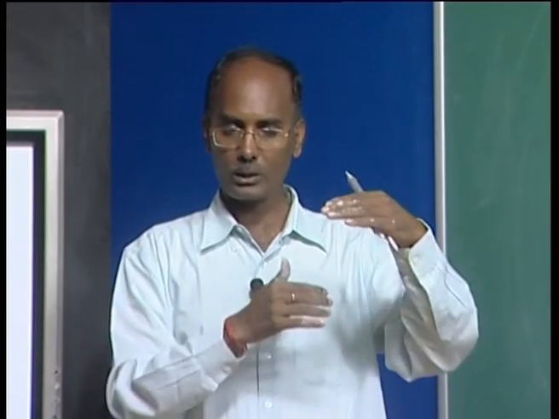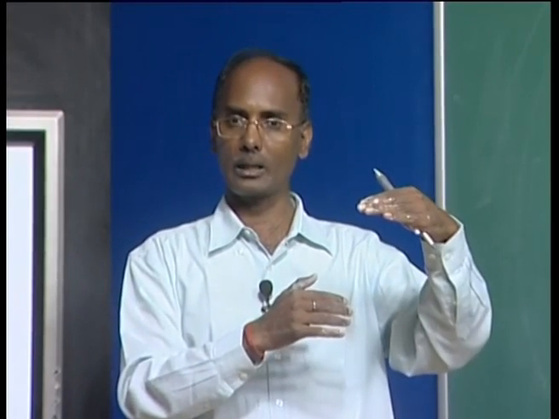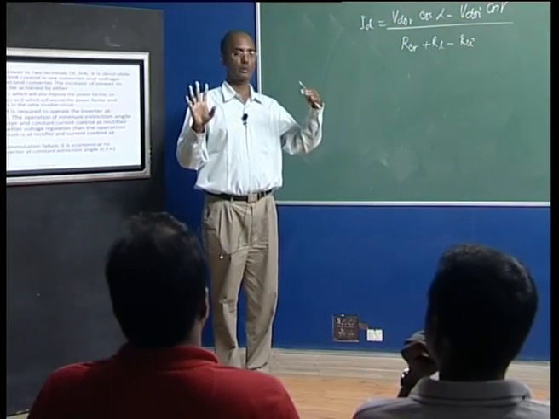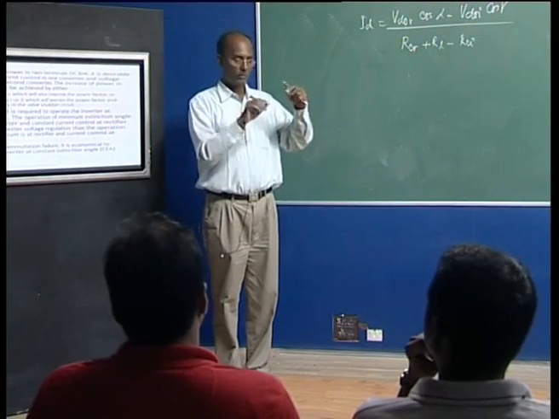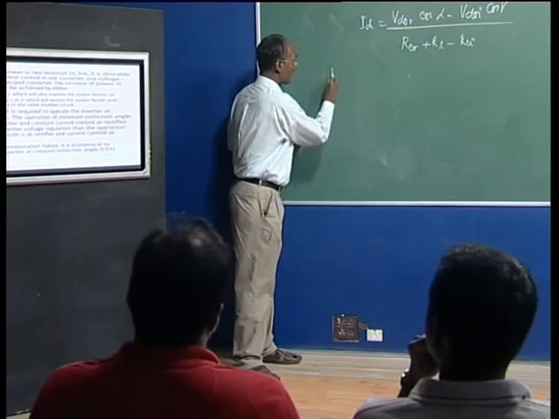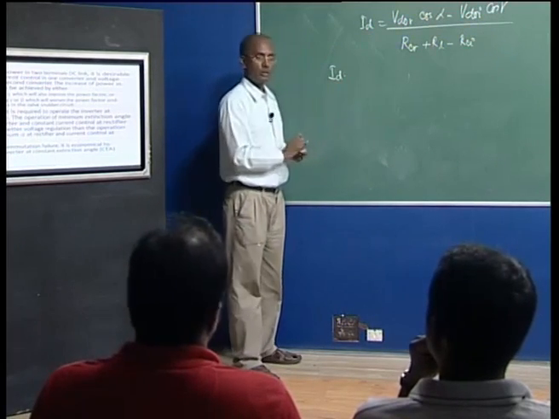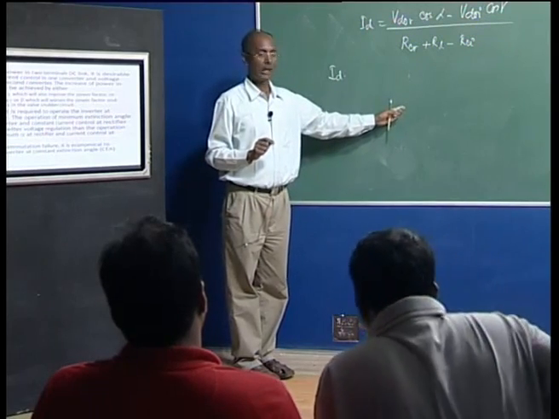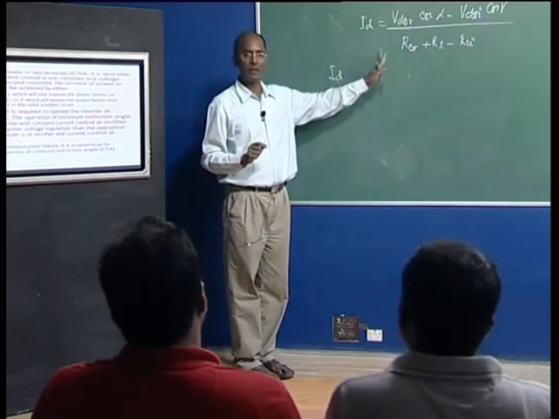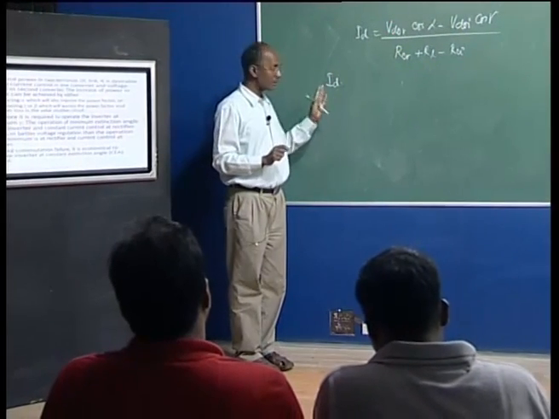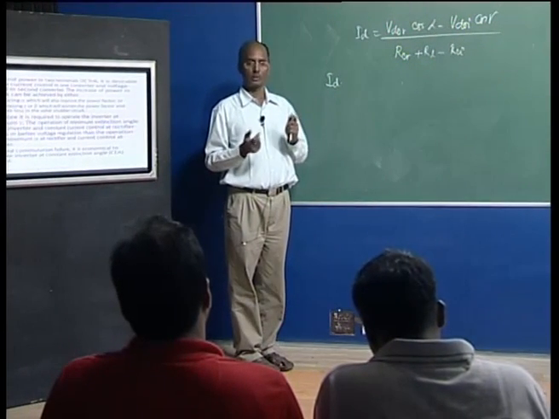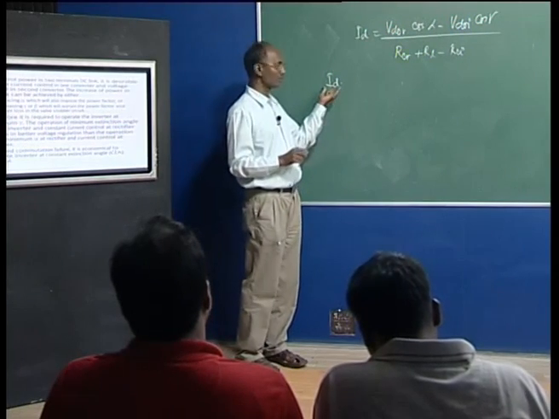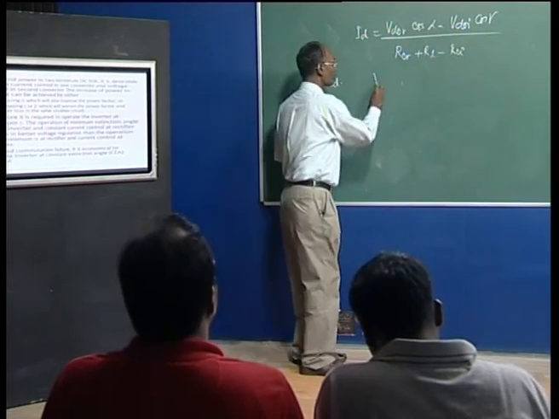We want one controller to maintain the current and another to control the voltage, so that we can control the power smoothly. Because I said we require the fixed current, this is fixed. So one has to take care, either this side or this side, and we will see from this equation that it is required. On the other side, we require the voltage control. Now the question is which will control your voltage.